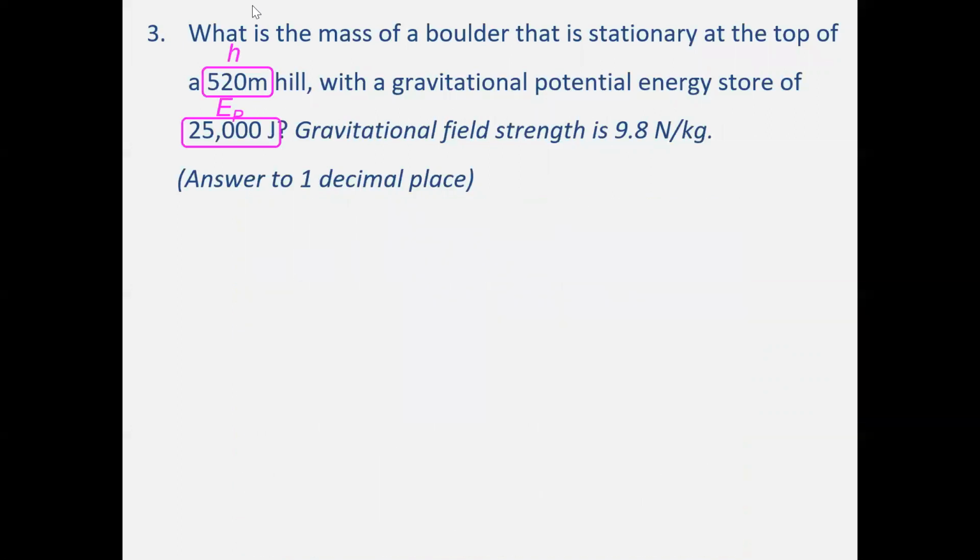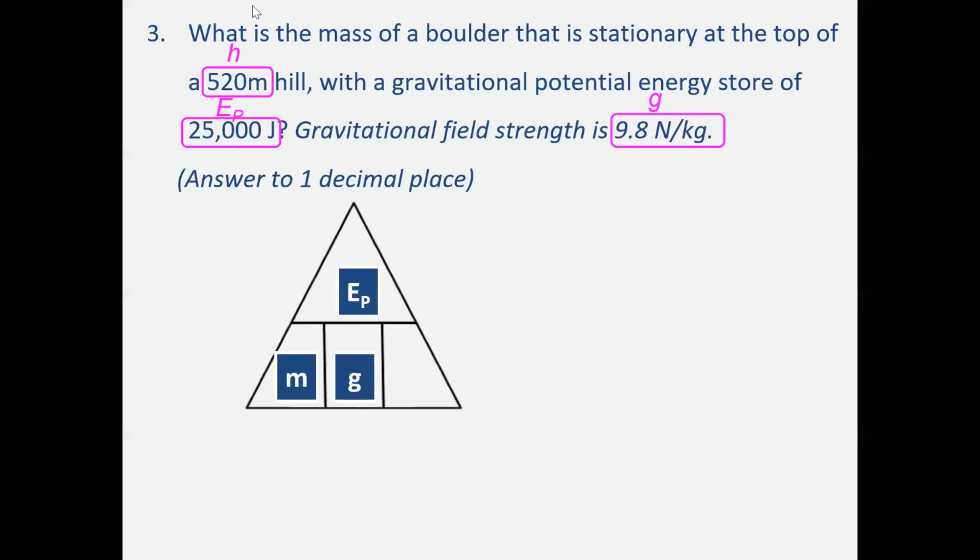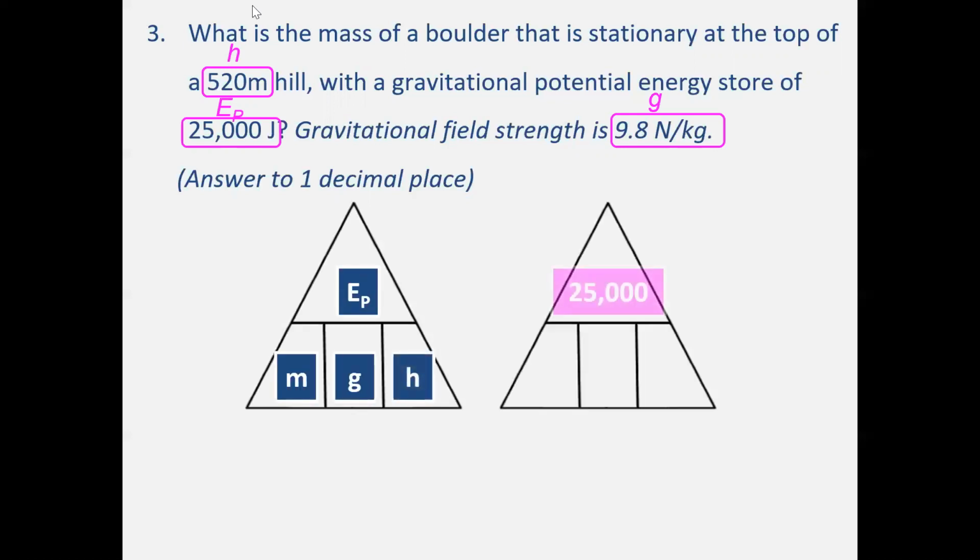You've been given a height of 520 meters, a gravitational potential energy of 25,000 joules, and a gravitational field strength of 9.8 newtons per kilogram. Again, add that data to the formula triangle, and you'll have 25,000 joules equals the mass multiplied by 9.8 multiplied by 520, that's 520 meters.